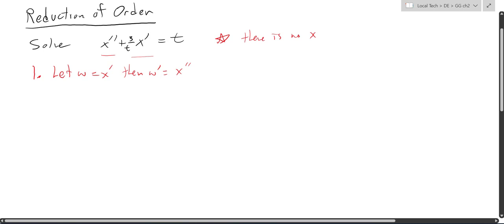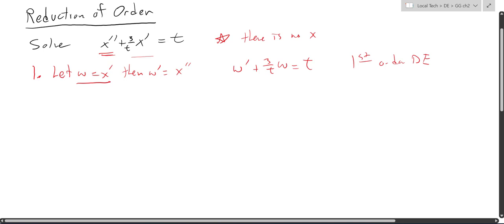And as we plug these values into our differential equation, x double prime would be w prime, so we get w prime plus 3 over t times w equals t. By making that substitution, we've now reduced the order of the differential equation to a first order differential equation.